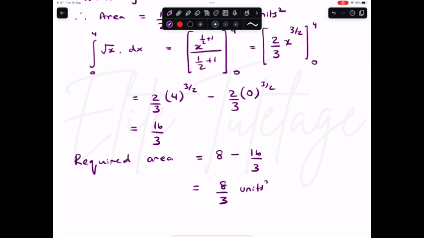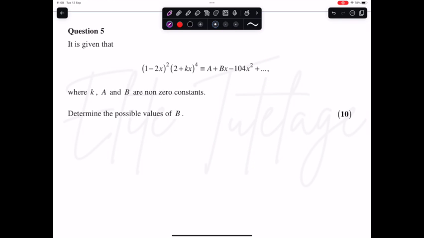So that's easy peasy. All right, let's look into question number 5, which is expansion of brackets. Now, I've got 2 brackets here, and I'm going to need the binomial expansion formula. All right, so let's pop it somewhere over here.